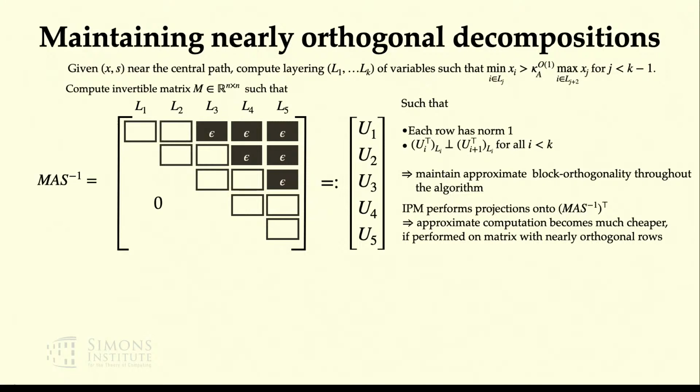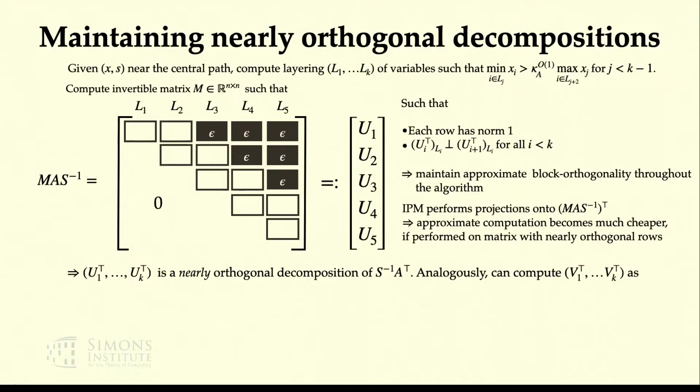Right. So what I've done here is for the image of the transpose of your matrix. What I maintain is matrices that are a decomposition of your rescaled image space that is orthogonal. You can do the same thing with matrices V on the kernel of your matrix.